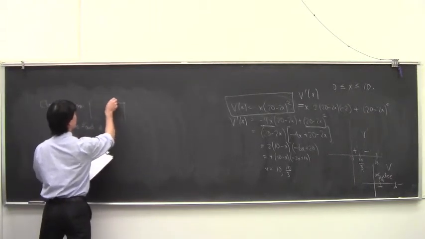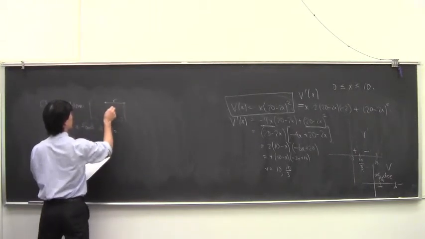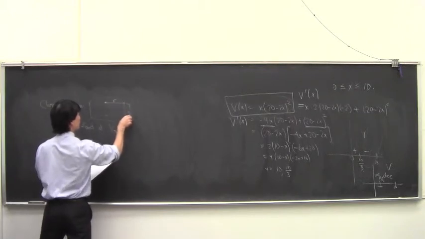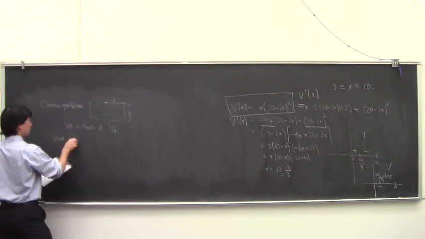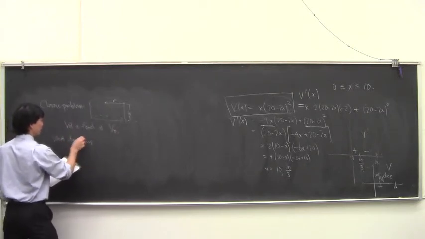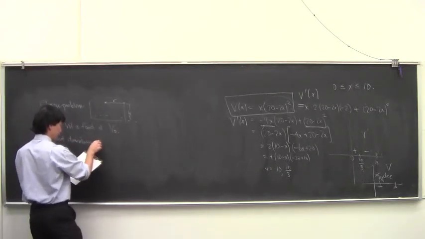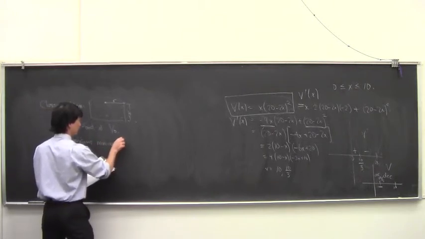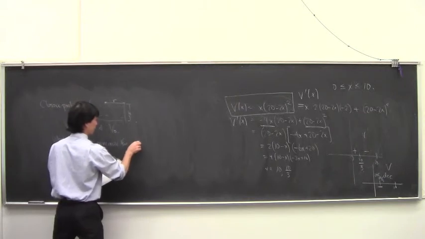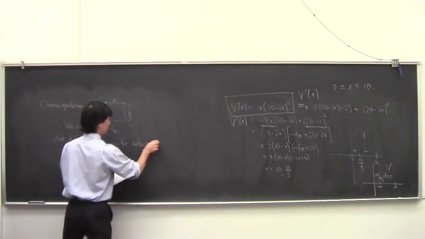So here is R, the radius, and then there's a height H. The question is, what dimensions minimize the surface area of the can?